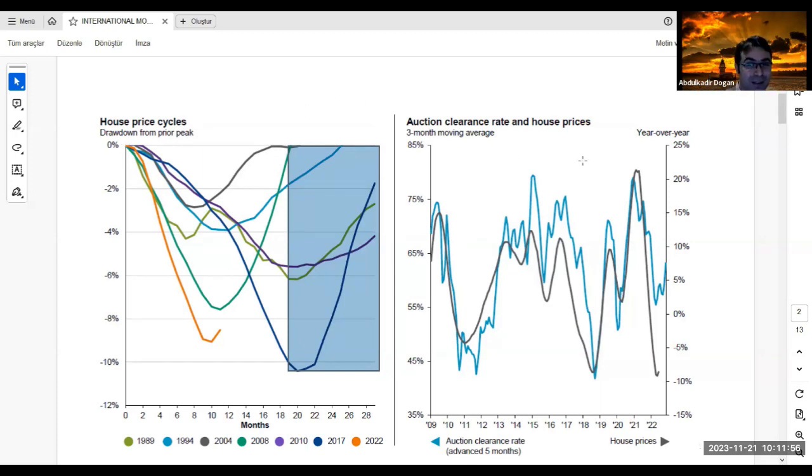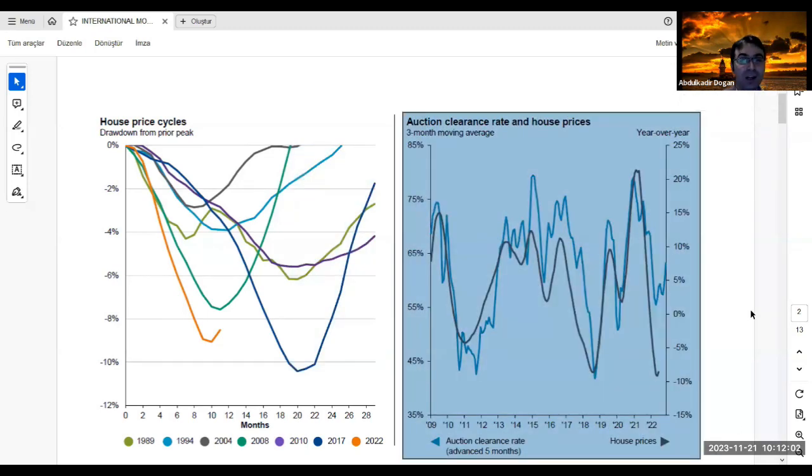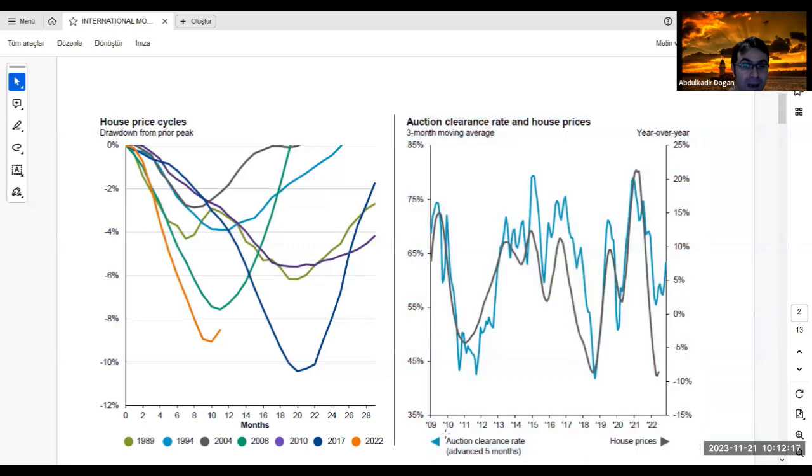And on the right-hand side of the screen, this chart shows us the auction clearance rate and house prices, meaning we are making an auction, let's say, for the houses. On the left-hand side, the blue line is the auction clearance rate, and on the right-hand side I have the house prices.